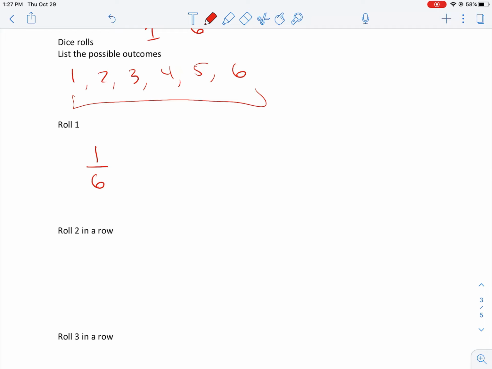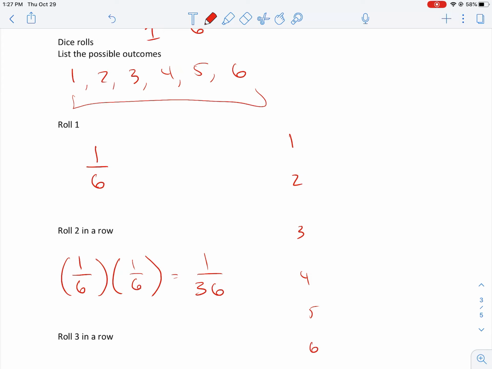Okay, what if I want to roll 1 twice in a row? Well, 1/6 times 1/6 is 1 over 36. You have a 1 over 36 chance of rolling 1 twice. Now, as we think about this, 1, 2, 3, 4, 5, 6.